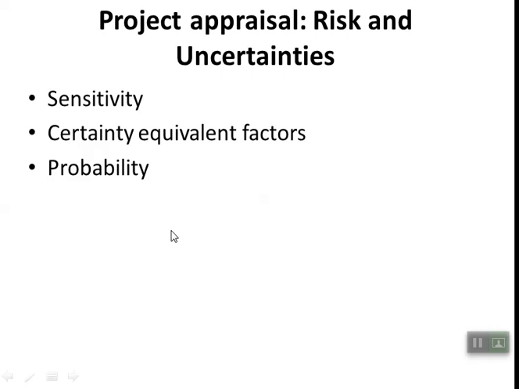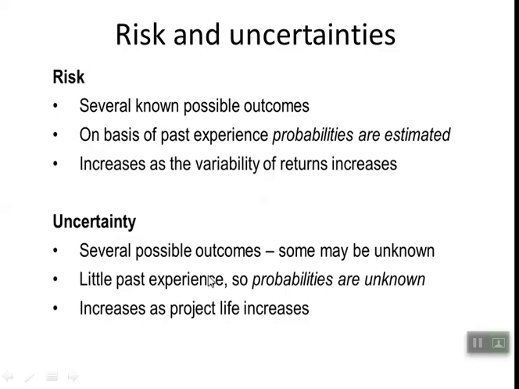techniques in this video. So what do we mean by risk and uncertainties? When it comes to risk, you have known possible outcomes and you are able to compute the probability of the outcome. Then that one is a risk. If you are able to estimate a probability of the outcome, then we have a risk.